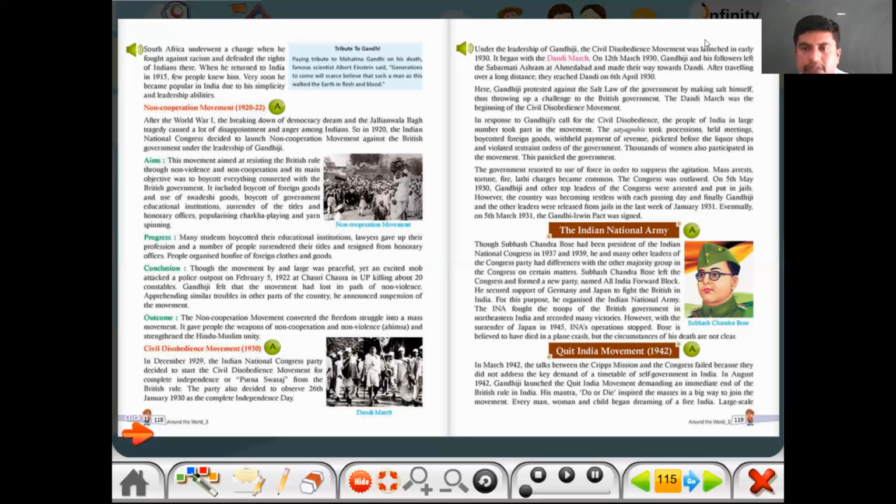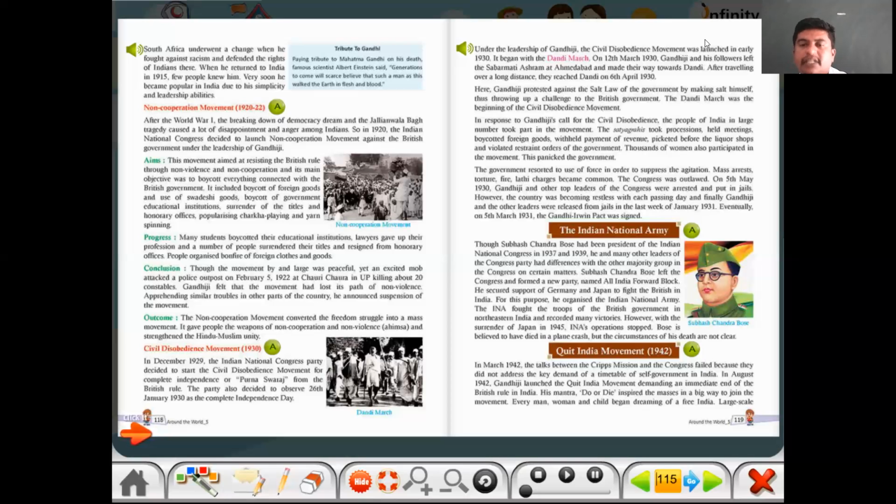For this purpose, he organized the Indian National Army. Who organized the Indian National Army? Yes, Subhash Chandra Bose, INA. This INA fought the troops of the British government in the northeastern part of this country, and recorded many victories. We shouldn't forget that.